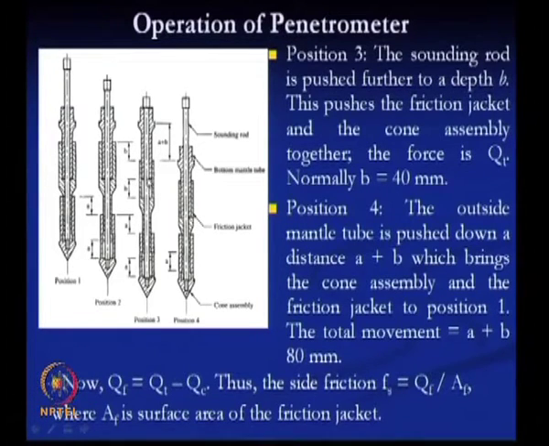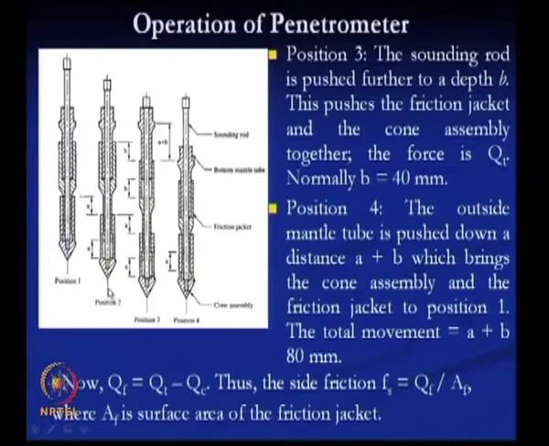In the third stage, the cone assembly and friction jacket both are pushed into the soil by the inner sounding rod up to a depth of 40 millimeter. The total force measured is coming due to this cone assembly and this friction assembly. So, here we are getting the cone or tip resistance and the frictional resistance.